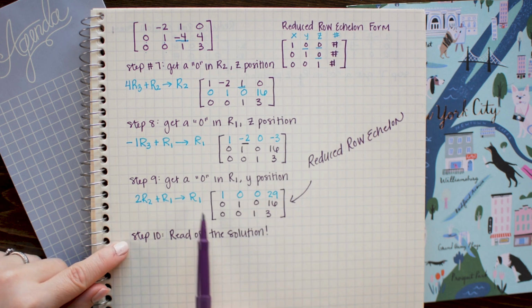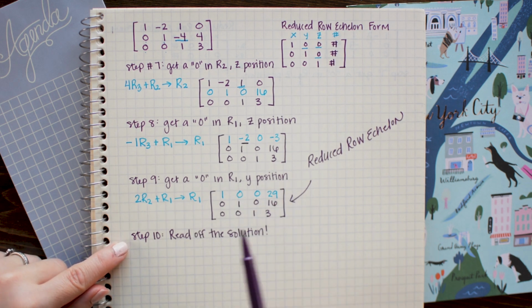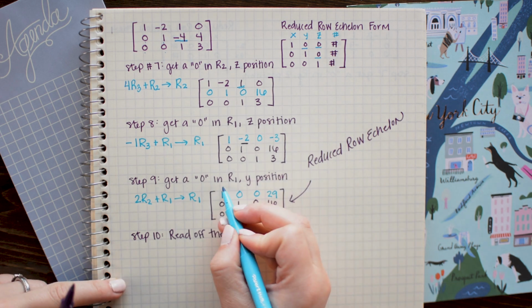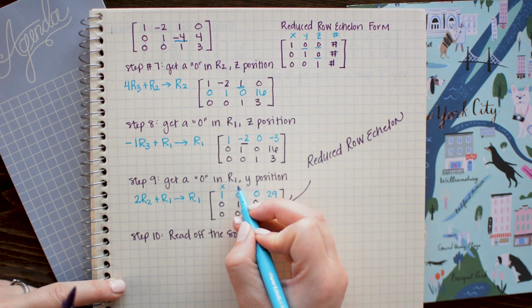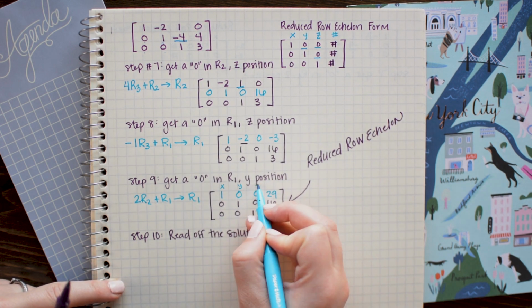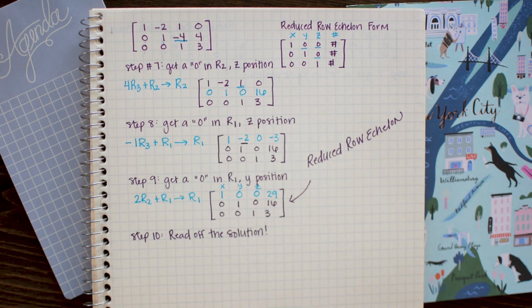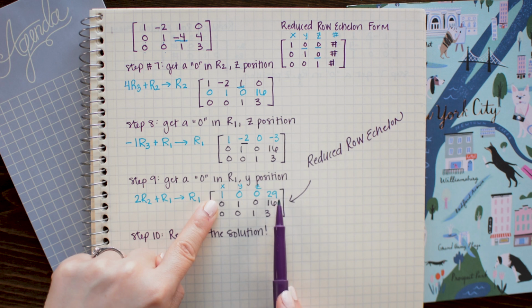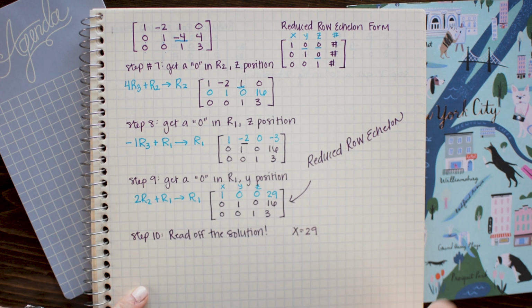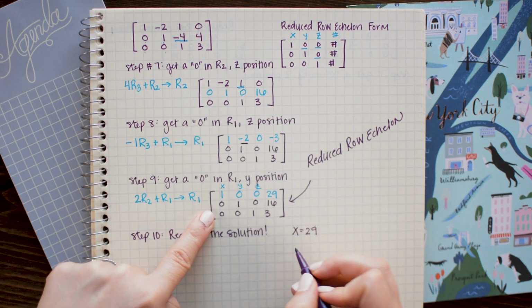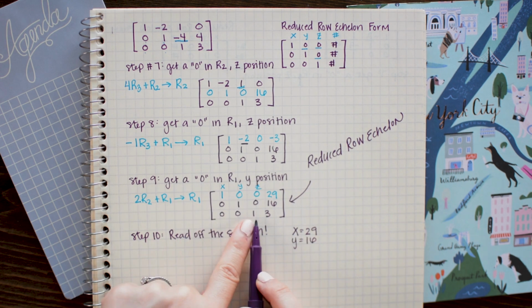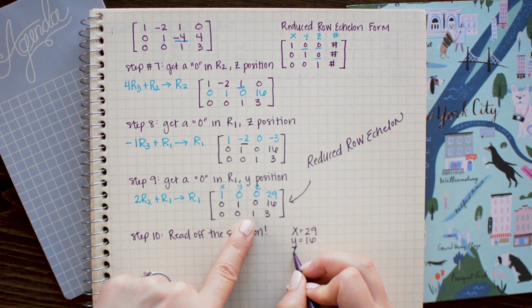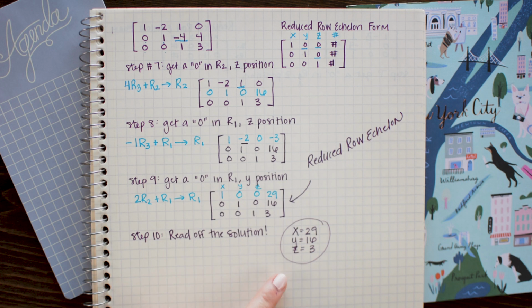So looking at this matrix, what it tells us is that, remember, this row represents x's, y's, and z's. So we know that x is equal to 29, y equals 16, and z equals 3. So that's the solution set.